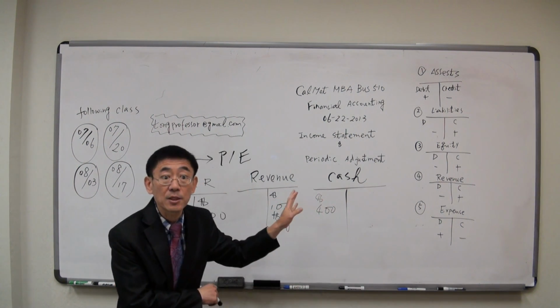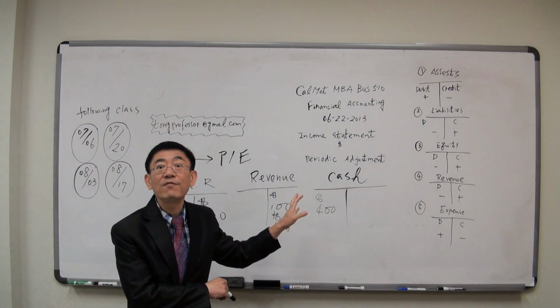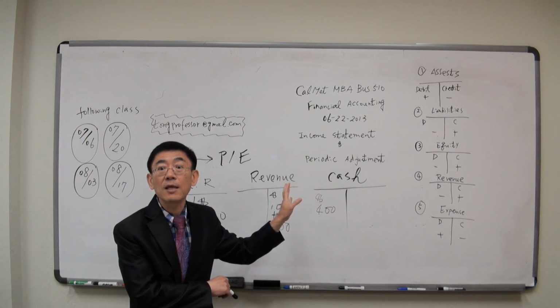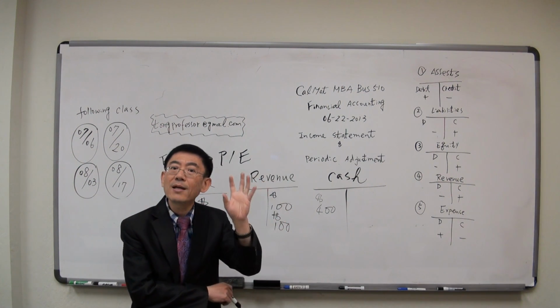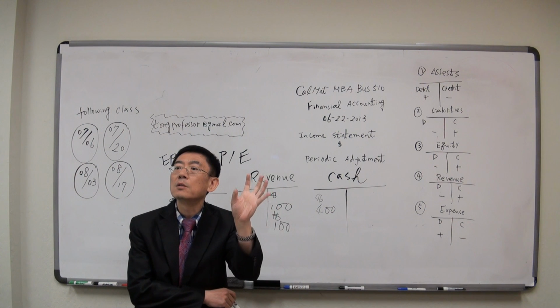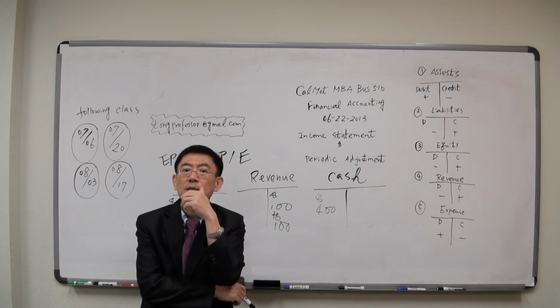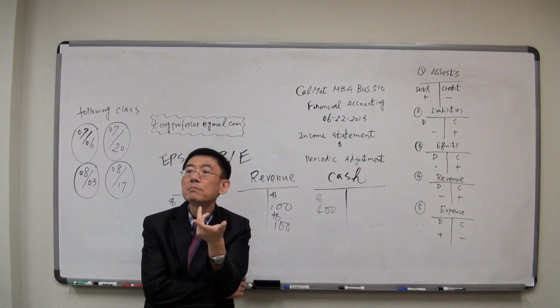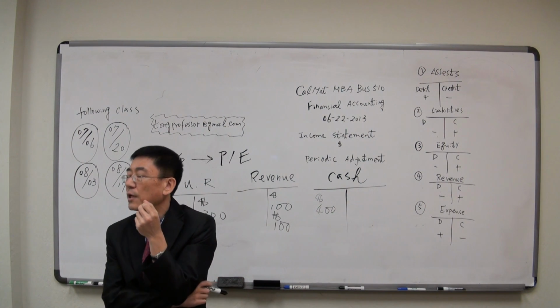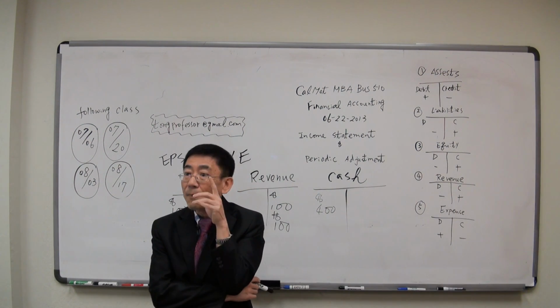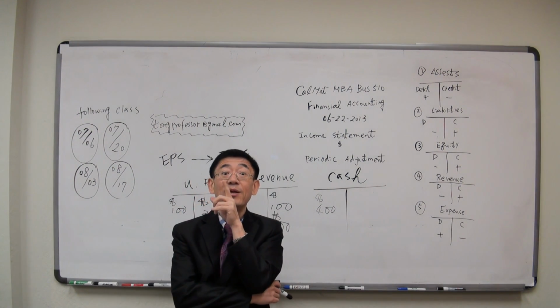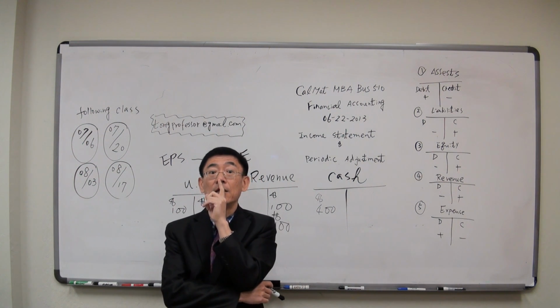So the cash part is still the same. We receive 400, so debit cash by 400. But this 400 is only for security deposit purposes. By the end of the period, if nothing is damaged, we are obligated to pay back. So what do we need to pick?